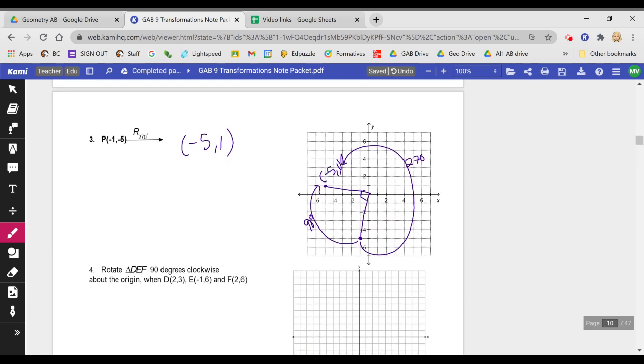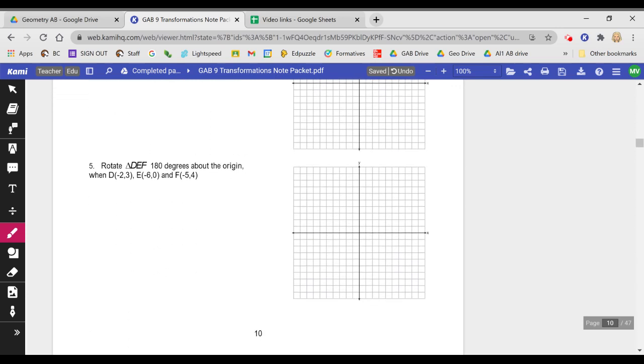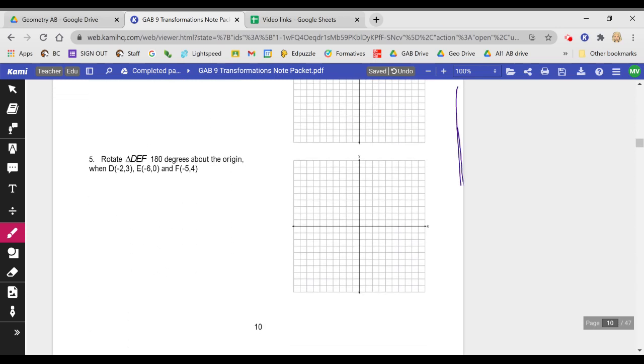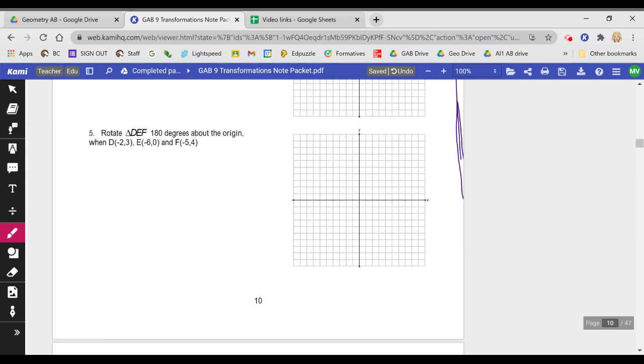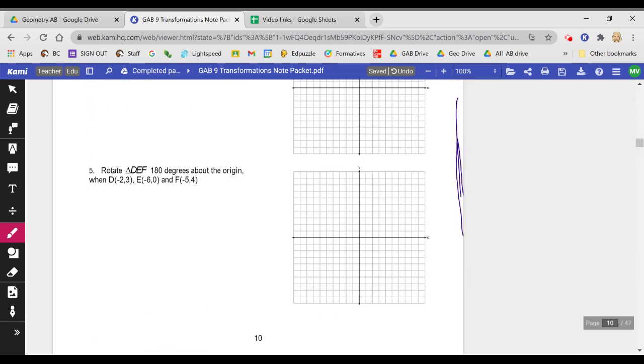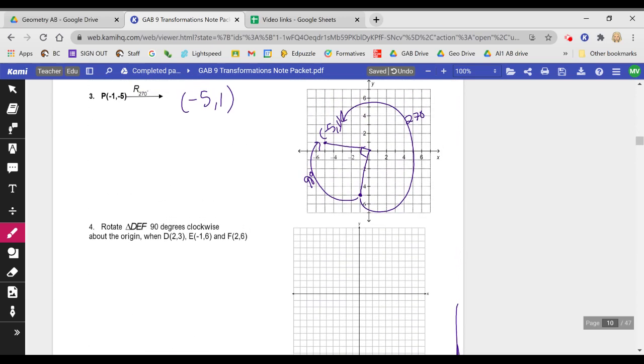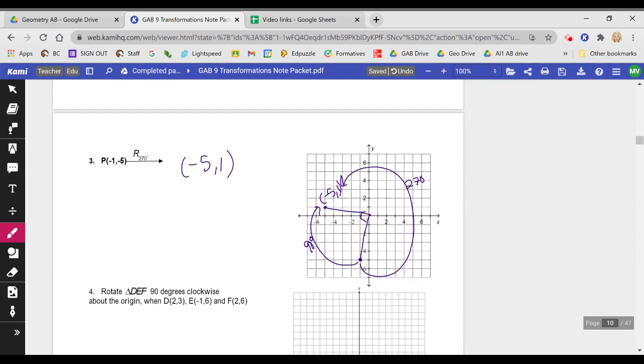So our rules in general, which I thought I had a chart. Nope, no chart. I'm writing all over it. Apologize. So our rules in general that you want to know is if I have a point A comma B, and I'm rotating 90 degrees, that becomes -B comma A. If I'm rotating 180, that becomes -A comma -B.